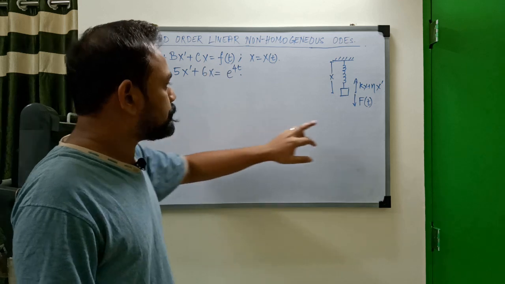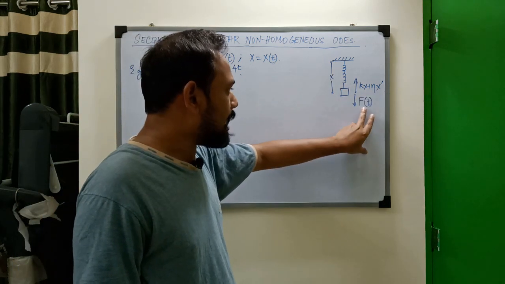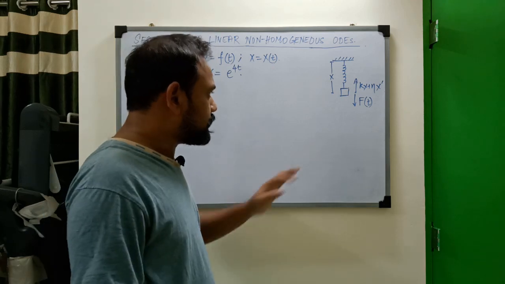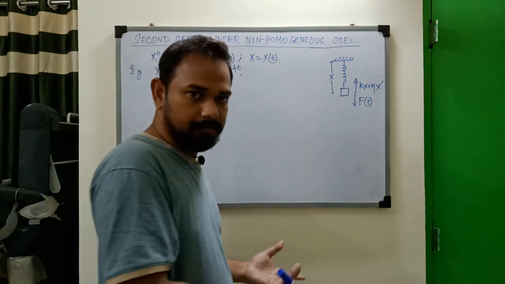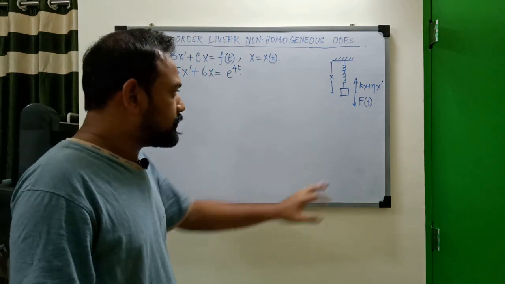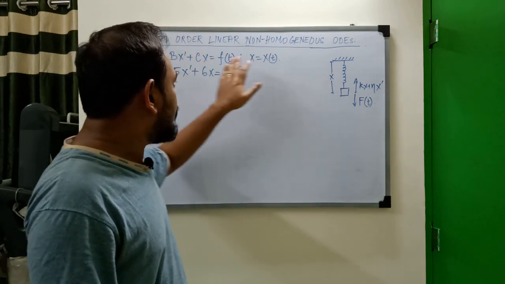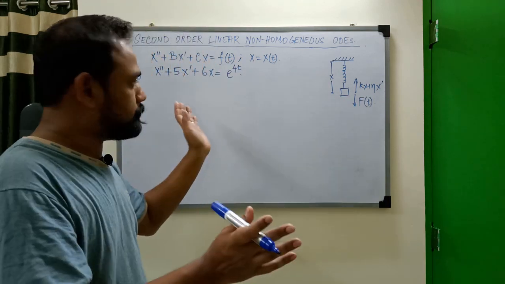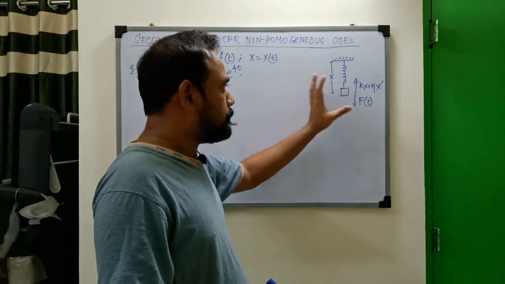And here, capital F is actually an external force which we are bringing into the system as we are studying non-homogeneous ODEs. Before this, the force was not there, and in that case the right-hand side would turn out to be zero. But this is an external force which can be applied on a system.